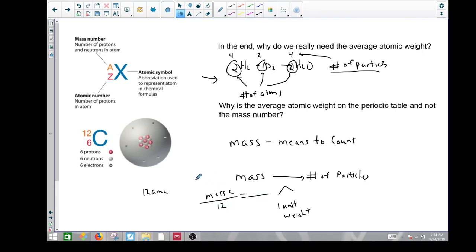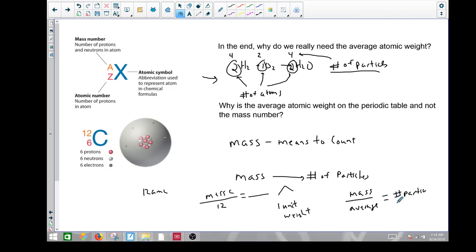Some of them are heavier. So what I do here is I take the mass and divide it by the average. Because there are so many of them, the average works nicely. And this will give me my number of particles.